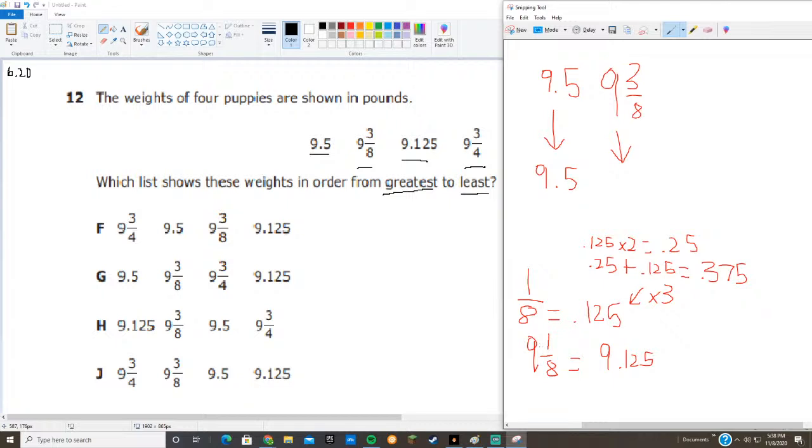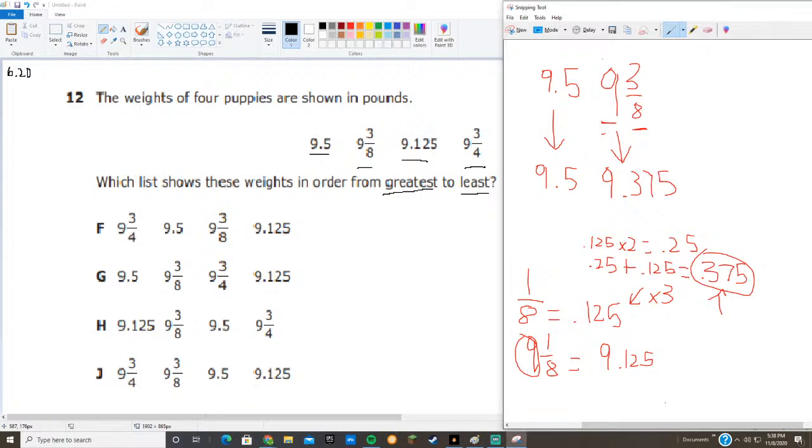Meaning, if we take the 9 that we have already, the 9 3/8 would be 9, and 3/8 is equal to 0.375, so 9.375.